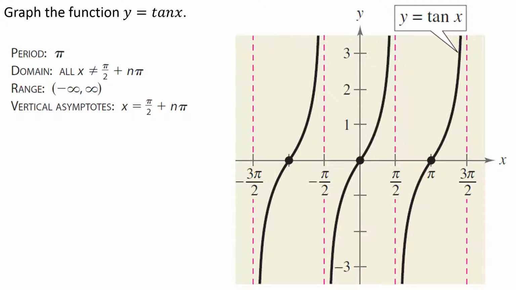The range, negative infinity to positive infinity, because it can go as low as you want or as high as you want. And of course, the vertical asymptotes occur every time x equals pi over 2 with an additional pi units.